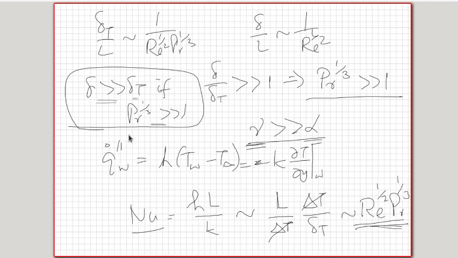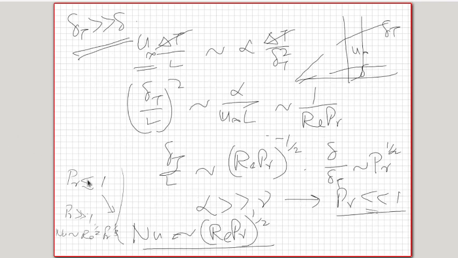So we said that for Prandtl number much greater than 1, it is Re to the power of half Pr to the power 1 by 3, which we got. And for Prandtl number much less than 1, we said it is going to be of the order of Re Pr to the power of half. And we said that this expression will be valid for both. Actually, for Prandtl equal to 1 anyway, it is Re to the power of half, so both of those expressions become typically valid. So that is where we actually arrived at.